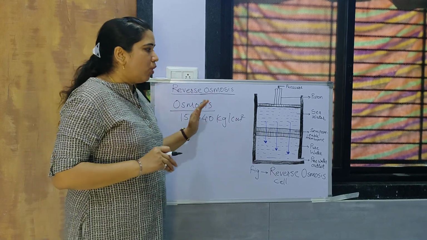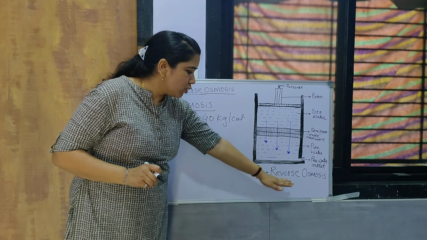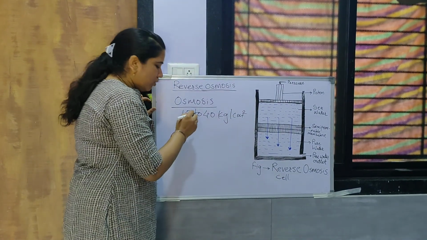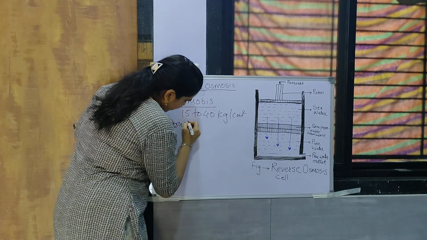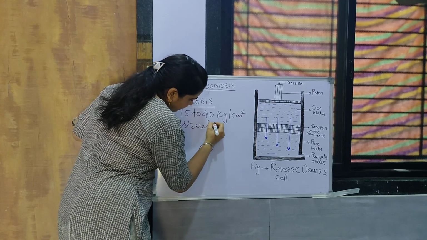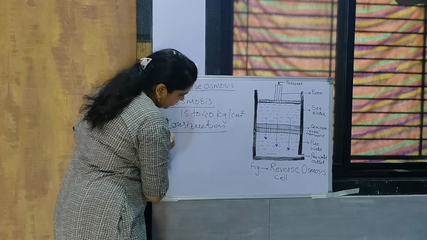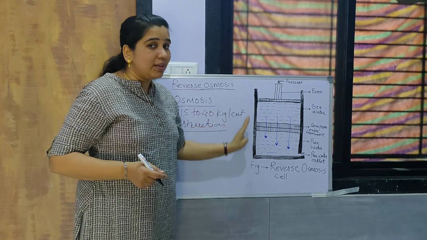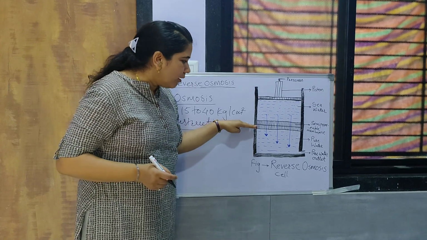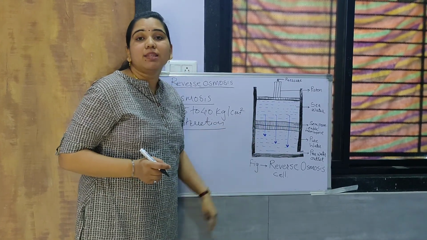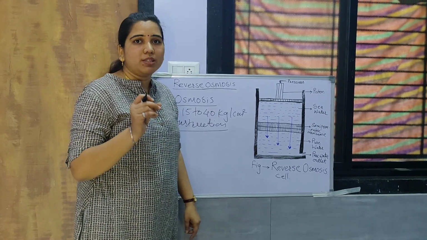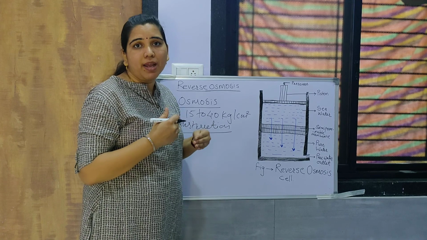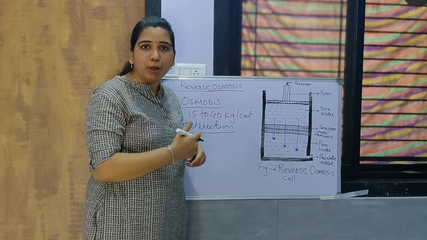Now we will see what this reverse osmosis cell actually is, and what is there in its construction. Here there is a large container which is cylindrically placed, and at the central portion of the container there is a semi-permeable membrane. This semi-permeable membrane is a perforated sheet which is affixed with a cellulose acetate film.